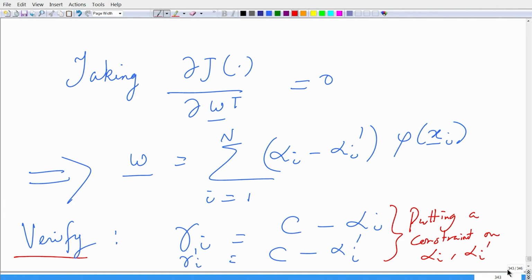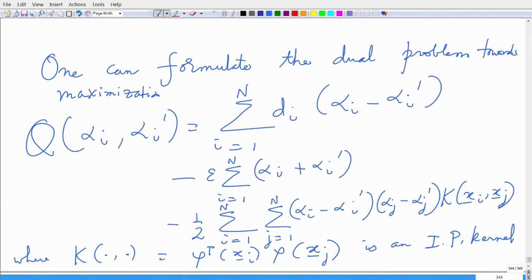If you cannot verify this, this will be tested on the homework when you do the course. So, one can formulate the dual problem towards maximization like the way we have done. In the dual problem we formulate it in terms of the Lagrange multipliers, and I want to maximize this function q over alpha i and alpha i prime.